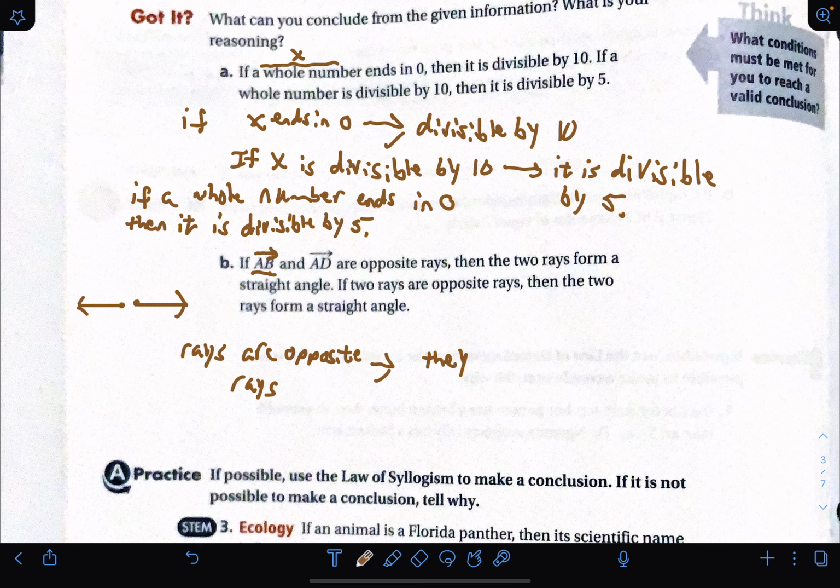They form a straight angle. Okay? And if two rays form a straight angle, if two rays are opposite rays, then the two rays form a straight.